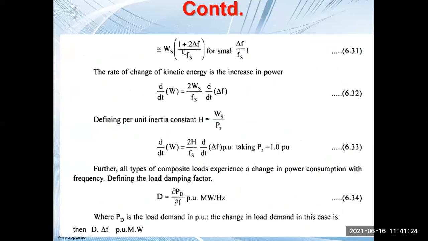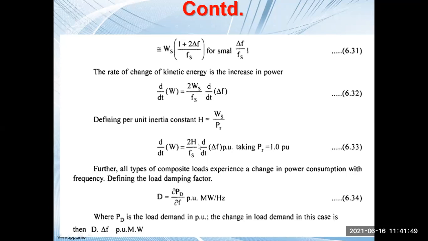So you see, this is the derivation. Now the rate of change is this one. Now we need to take the per unit of this particular thing. So per unit, how can we take? See, PR is the rating of the generator. So we are defining the per unit inertia constant H. This is Ws by PR, that means it will be in per unit.